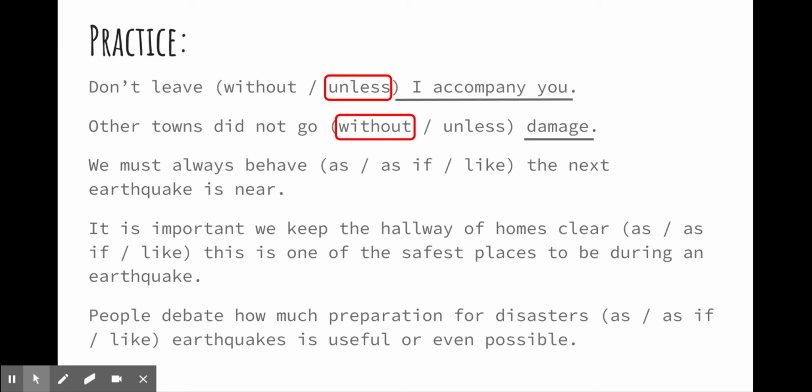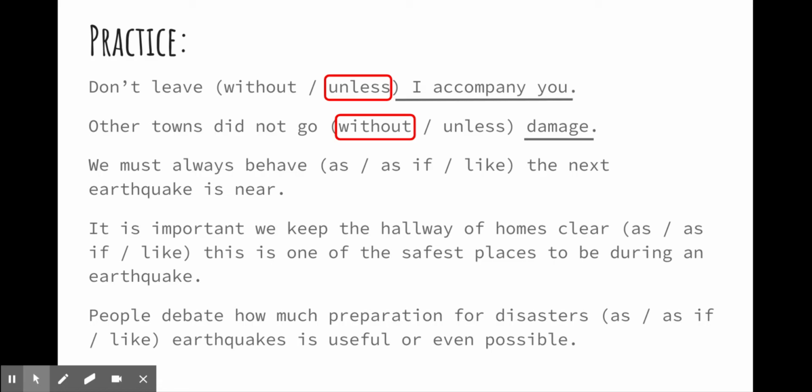Now we're moving on to as if, or like. We must always behave as if, or like the next earthquake is near. Which one sounds correct there? Now this one might be a little bit more confusing because both as if and like sound correct. So let's look at the rest of the sentence and figure out if it's a prepositional phrase or if it's a clause. So, following this, we have the next earthquake is near.